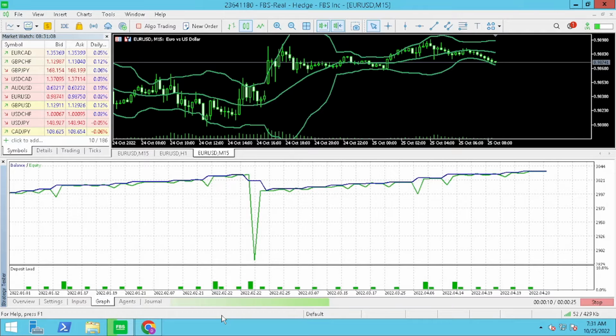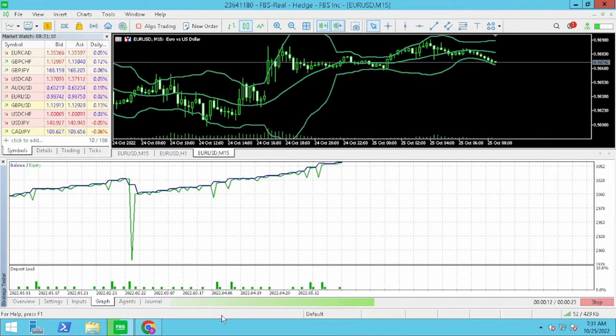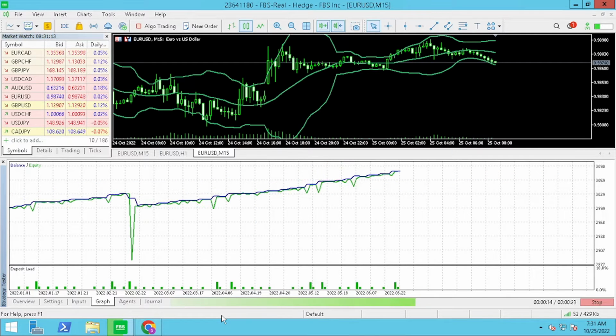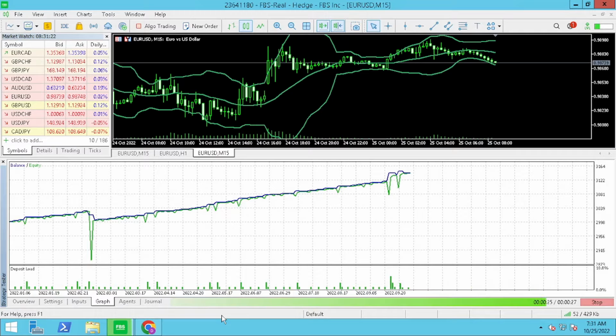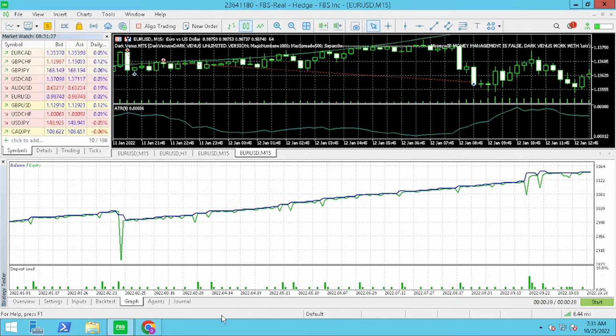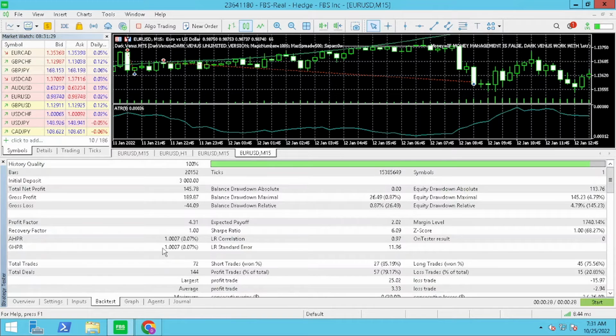So this is for our first strategy, which is the default strategy on Dark Venus: buy above and sell below. You will see that I have limited the amount of trades that Dark Venus is allowed to take. However, we do still see periods of drawdown, which is expected with a cost averaging expert advisor.